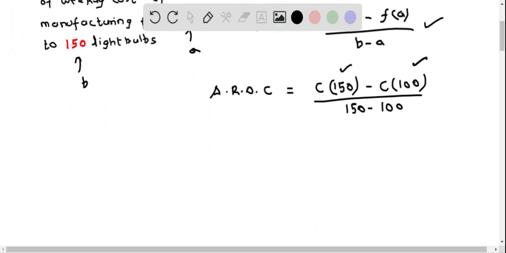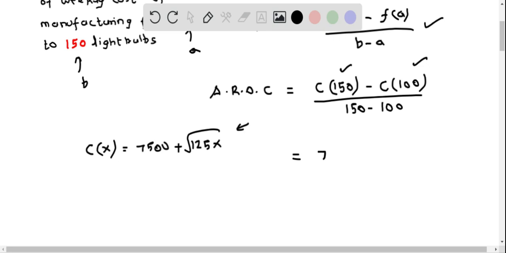Let me copy this cost function over here. The cost function is 7500 plus 125 root x. Okay, so we will now determine C of 150, where we replace x by 150 in this function.